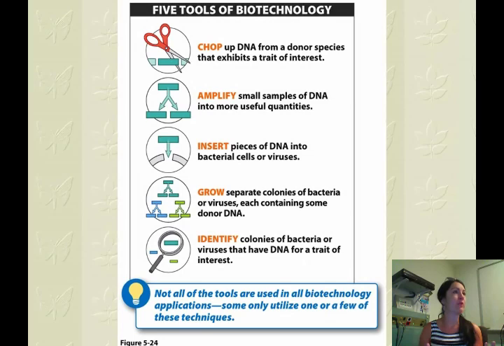And pig pancreas insulin was great for the time, but it did cause some problems until they came up with genetic engineering, and they were able to take the gene to produce human insulin, and they were able to work it into bacteria DNA.